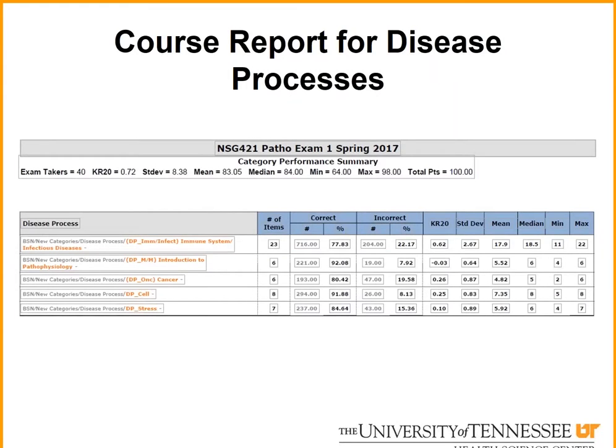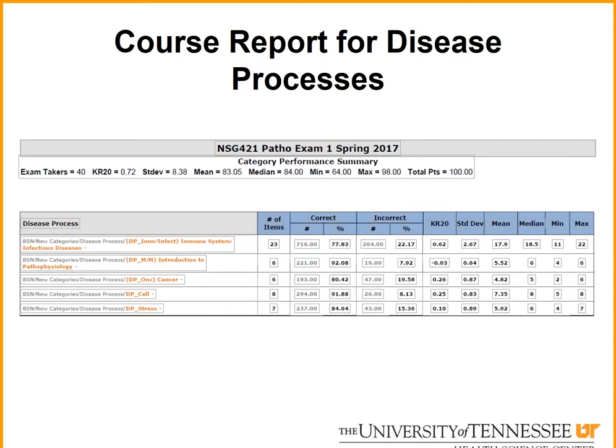So here's an example that I ran, a course report for disease processes. This is just one small section, for the Pathophysiology Exam 1 this spring of 2017. If you look at your report, you can see 40 students took this. It gives the KR20, the standard deviation, the mean, the median, minimum to maximum, and the total points.